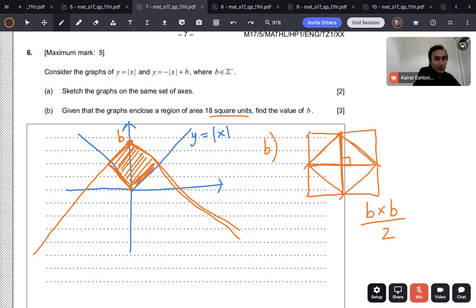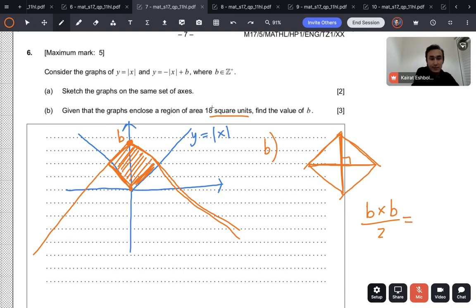Now, this full square on the outside is twice as big, right? Because this is equal to this, and so on. And the side length is b, and the square area is b times b, right?